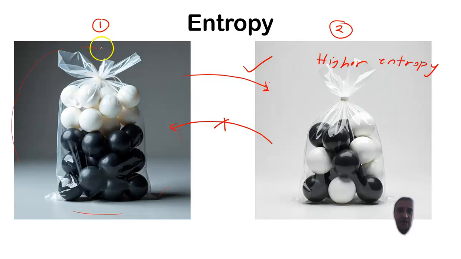Here we have only one state. The entropy of this state is higher than this one. S2 is higher than S1. The interesting thing is that we can never measure the exact value of entropy. We can always calculate the change of the entropy.